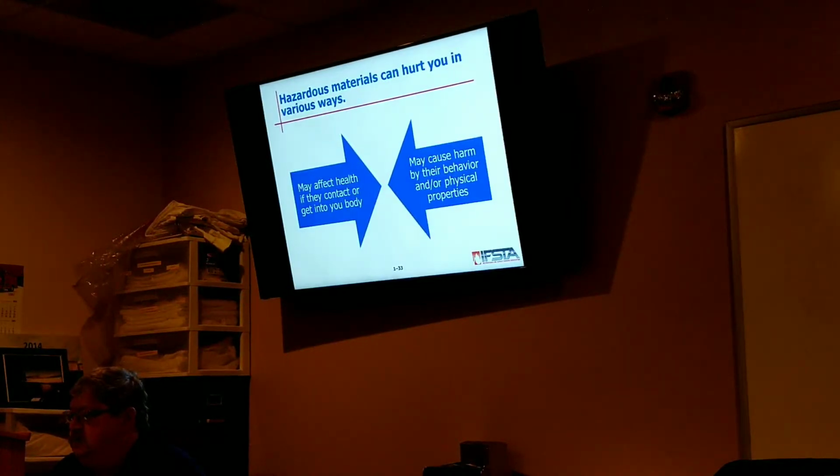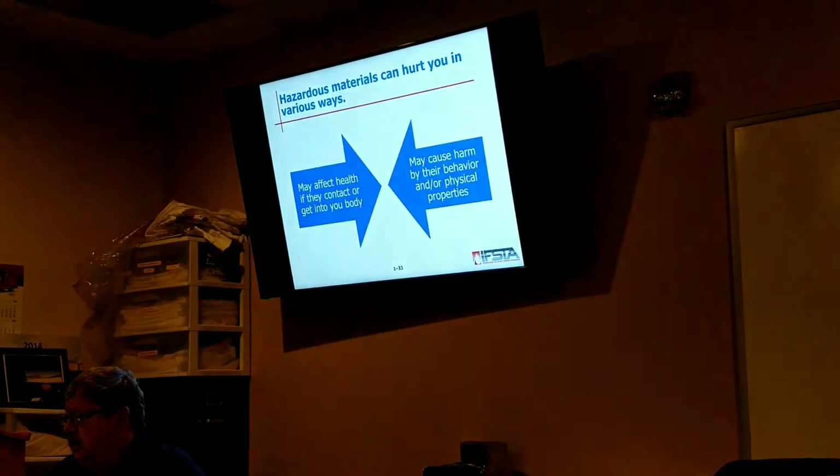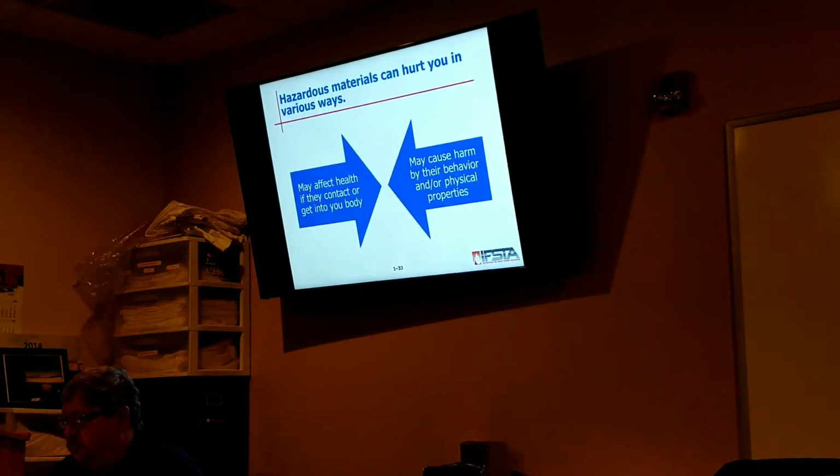Hazardous materials can hurt you in various ways. Okay, they may affect the health if they are contacted or that they get into your body. They may cause harm by their behavior and or physical properties. So if we're going to safely mitigate some of these incidents, you have to understand the variety of hazardous materials that you're going to encounter.